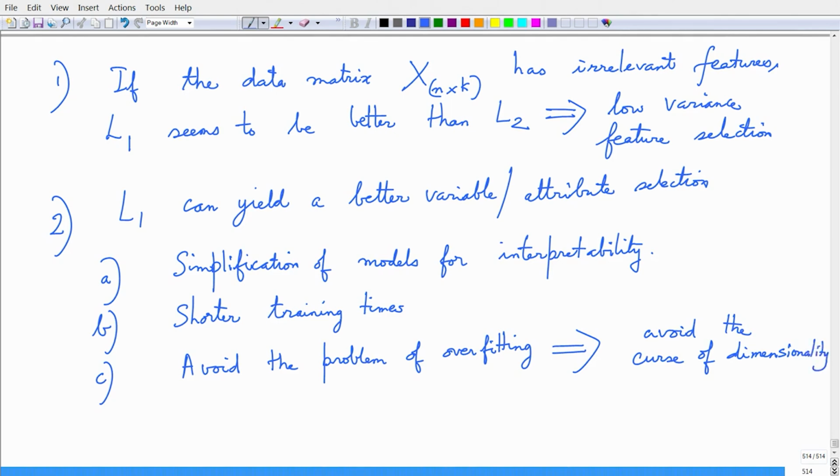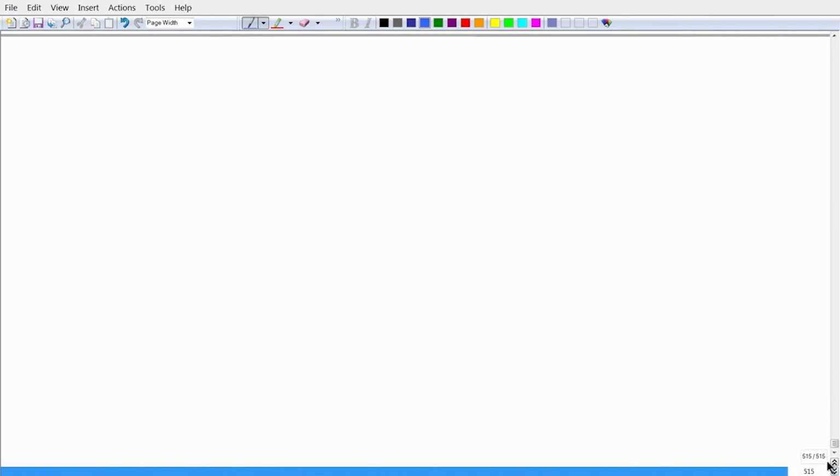Right. So this is sort of a motivation why we might want to use L1 regularization as opposed to L2. Now let us set up the unconstrained formulation.